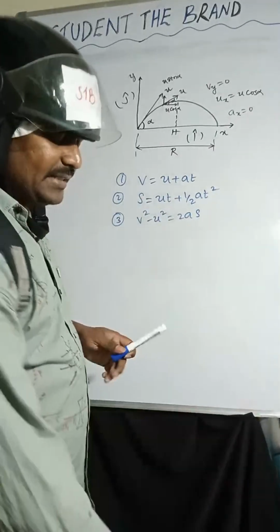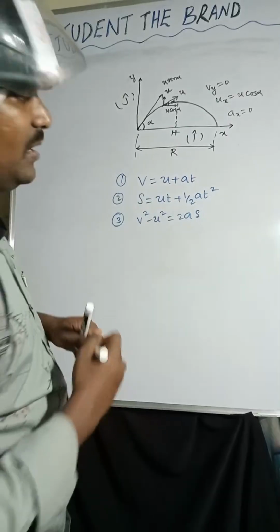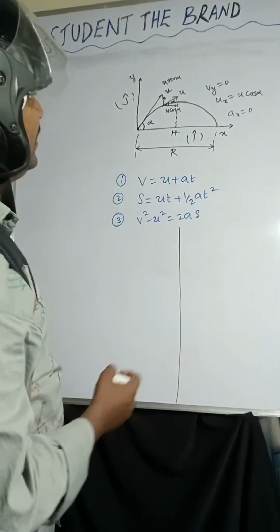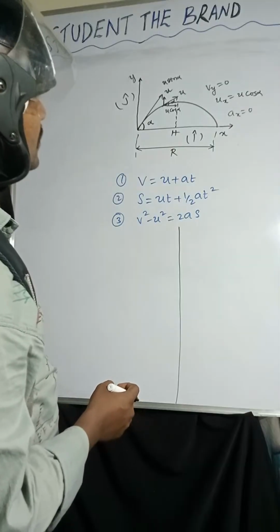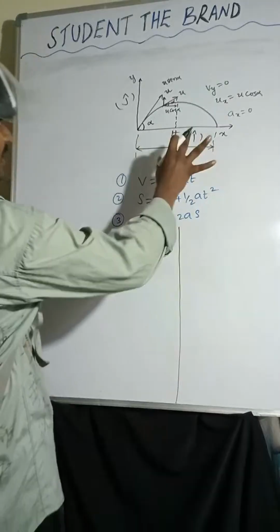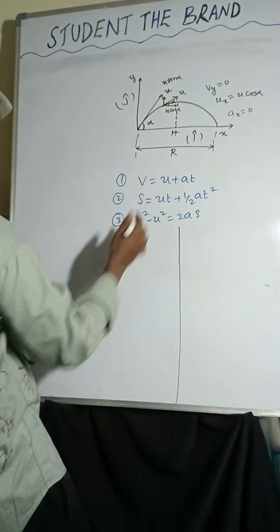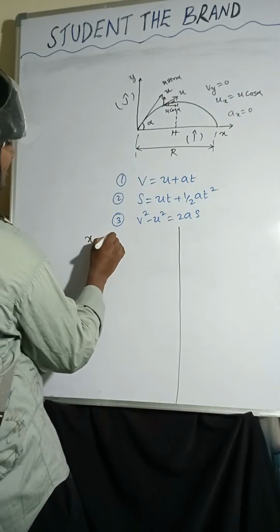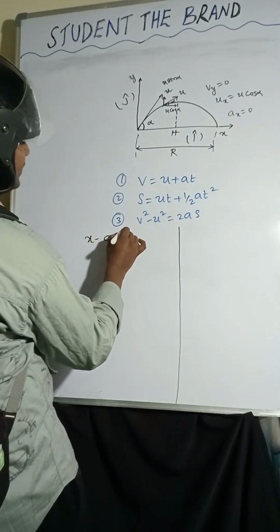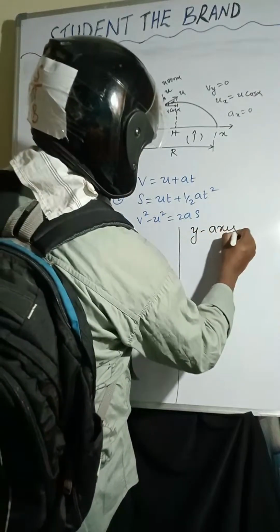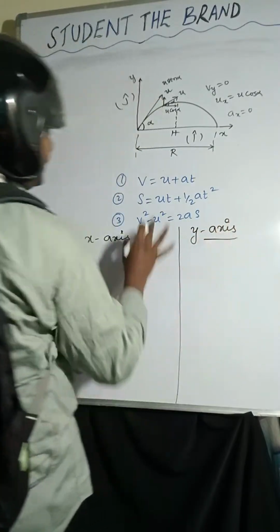So along the x-axis and y-axis, how can we write them? Because we are taking a two-dimensional motion. Projectile motion is a two-dimensional motion. So Vx is along the x-axis and then along the y-axis.